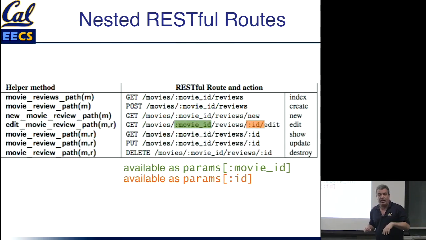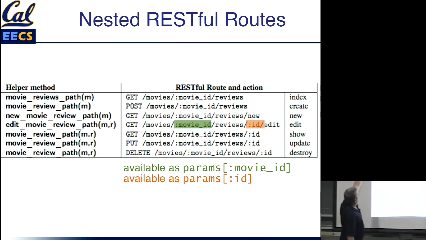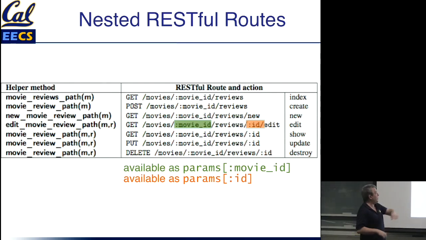If we added that line in our routes file, and then I ran rake routes, which displays all of the routes that are defined, notice what's different now. All the routes that have to do with reviews have the word movie somewhere in front of them, because we've nested the review resource inside the movie resource. It's not just a review path. It is a movie review path for some movie and some review.